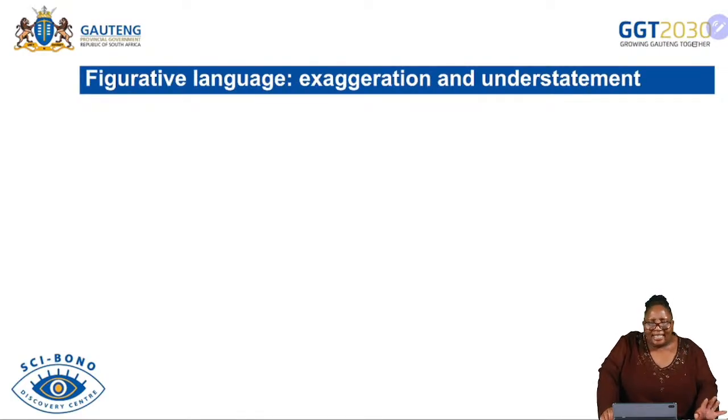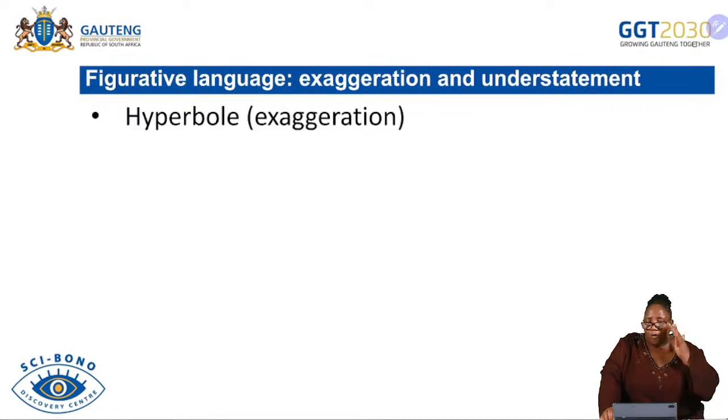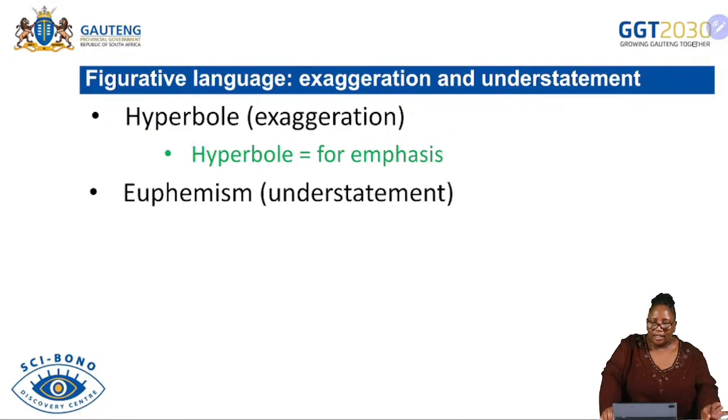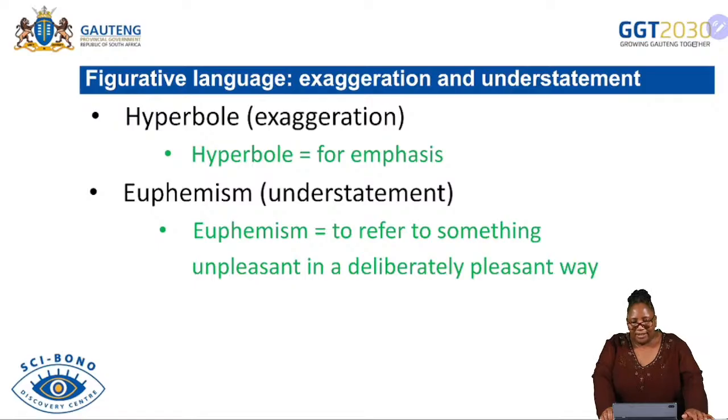Let's look at exaggeration and understatement as part of figurative language. We have a hyperbole or exaggeration. What is it used for? It is used for emphasis. We also have euphemism, which is an understatement.